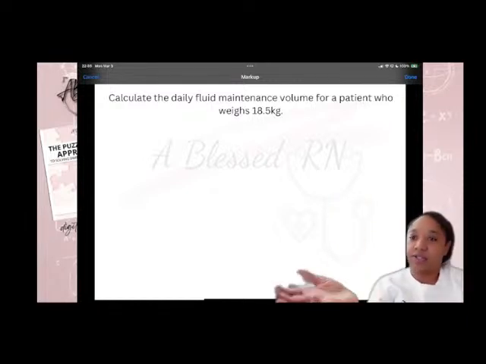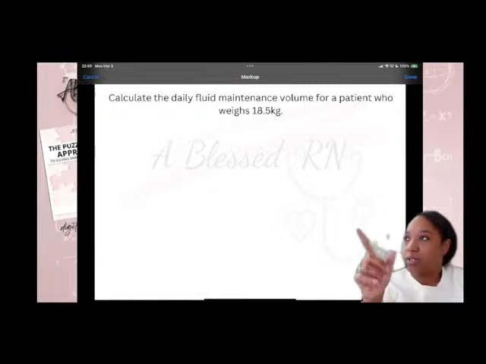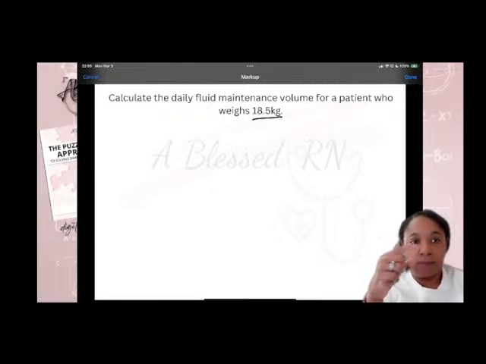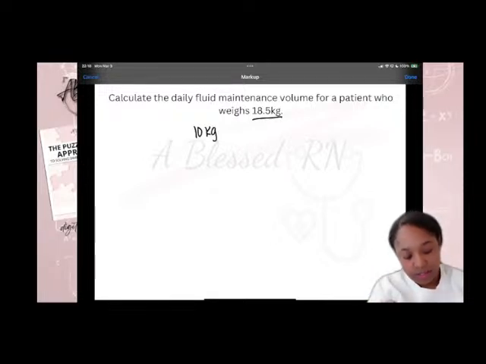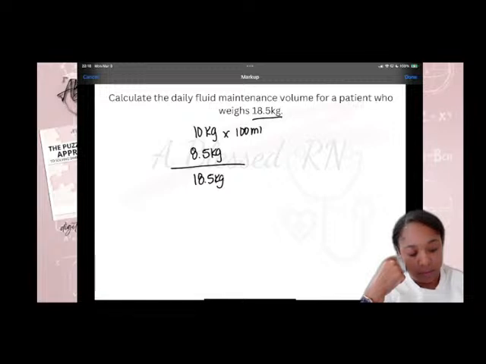All right, so 18.5 is the weight. Remember, we do 10, 10, then the rest. So 10, and then we have 8.5. The first one is times 100, the second one is times 50.